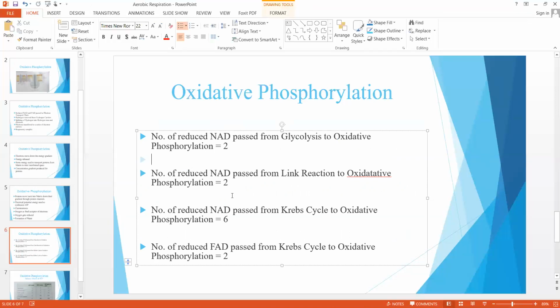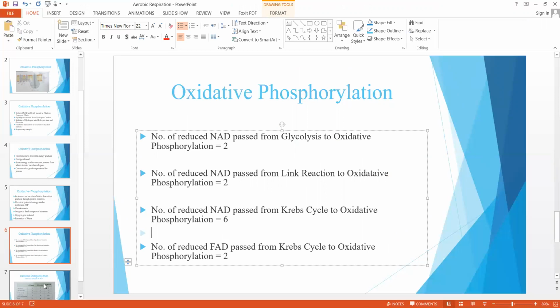The number of reduced NAD passed from the link reaction is again 2. The number of reduced NAD passed from the Krebs cycle to oxidative phosphorylation is 6. And the number of reduced FAD passed from the Krebs cycle to oxidative phosphorylation is 2.